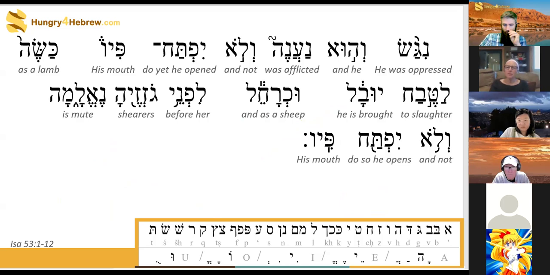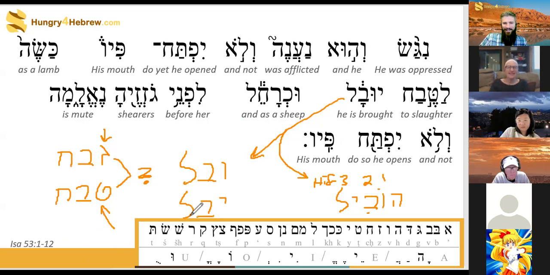Question. Oh, can you put that back? Yes. Question. The hovil, is that katal? Yes, this is the katal form. The third person masculine singular. And then yuval, that is a third masculine singular yiktol of the hufal.